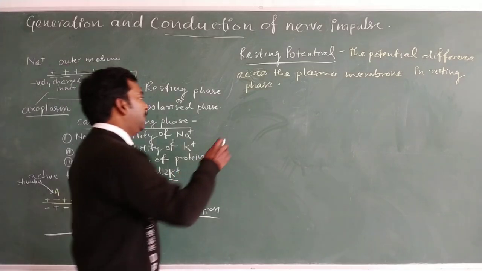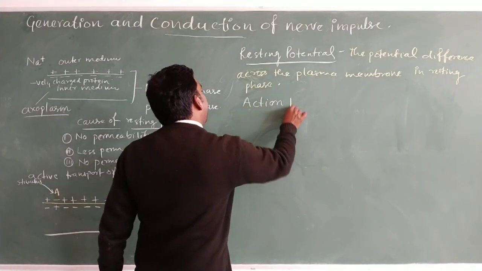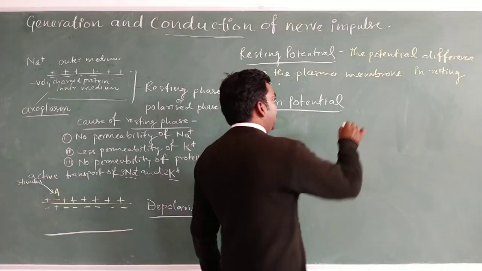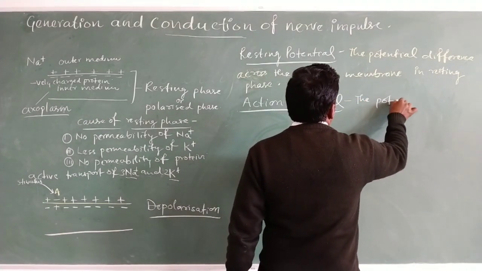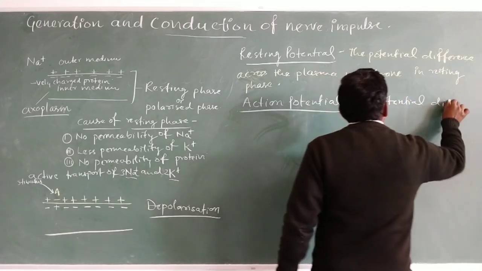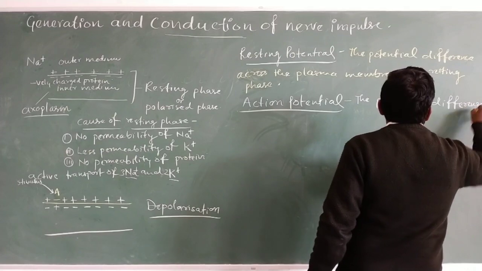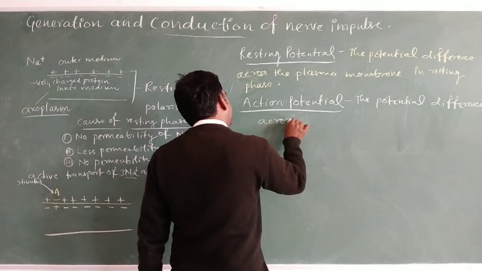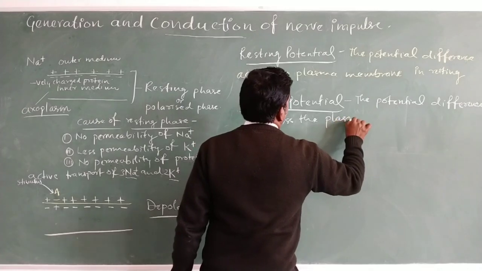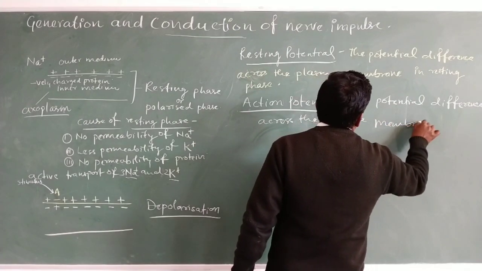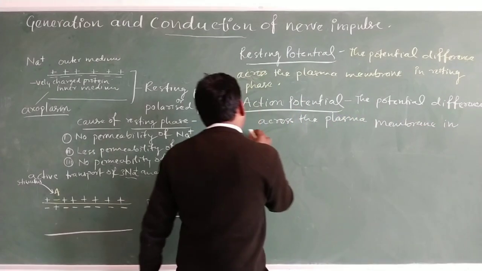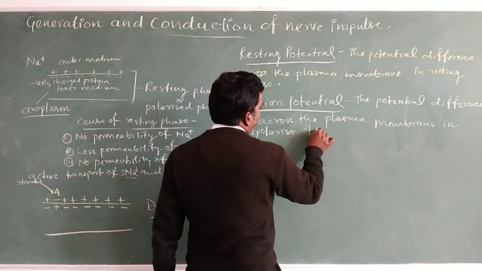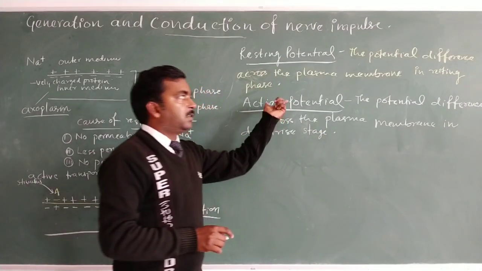It is defined as the potential difference across the plasma membrane in the depolarized form or depolarized stage, and it is called the action potential.